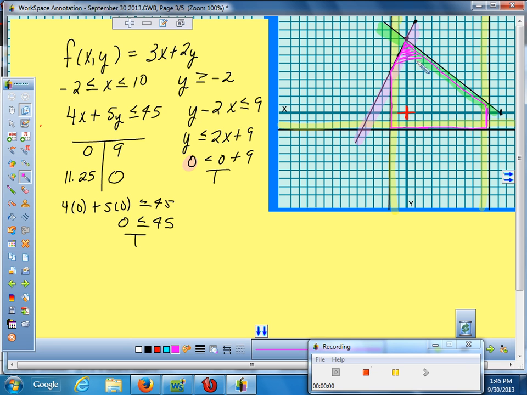So I'm talking about that whole region in there, but I just obliterated my origin, so I'm making my origin show up again.